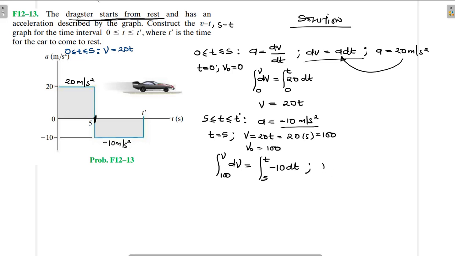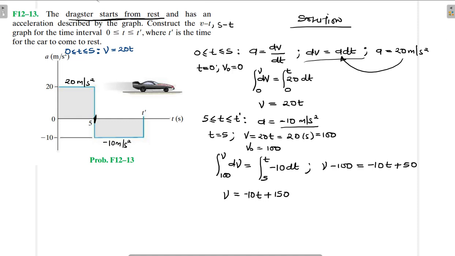Integrating this, we have v minus 100 is equal to minus 10t plus 50, and therefore v is equal to minus 10t plus 150.